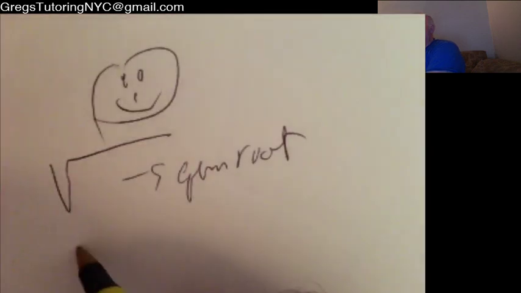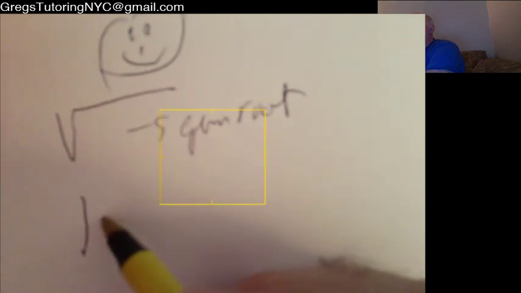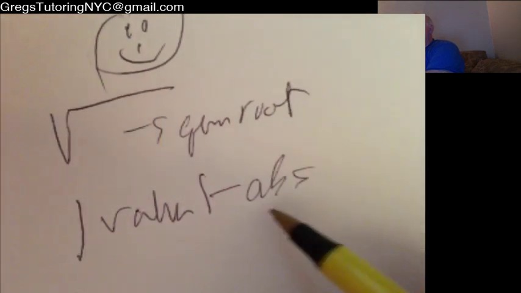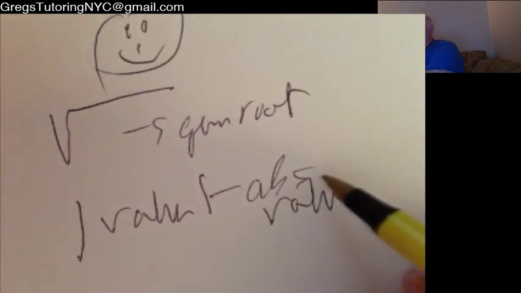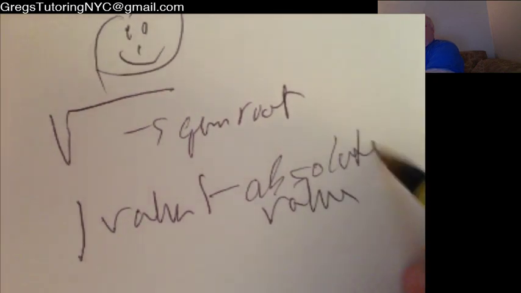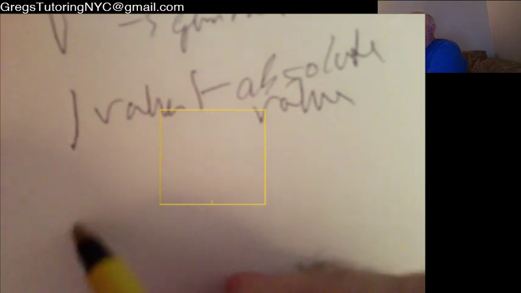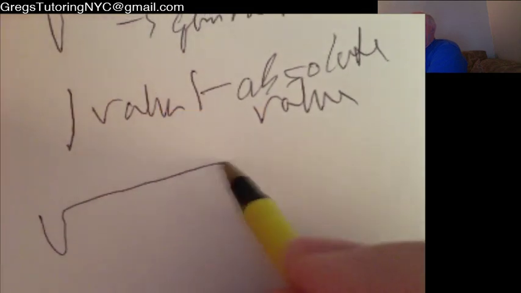Okay, so first of all, everybody knows something like this means the square root. And something like this, a line with a value and another line, that's absolute value. So let me just give an example of what I'm talking about here.